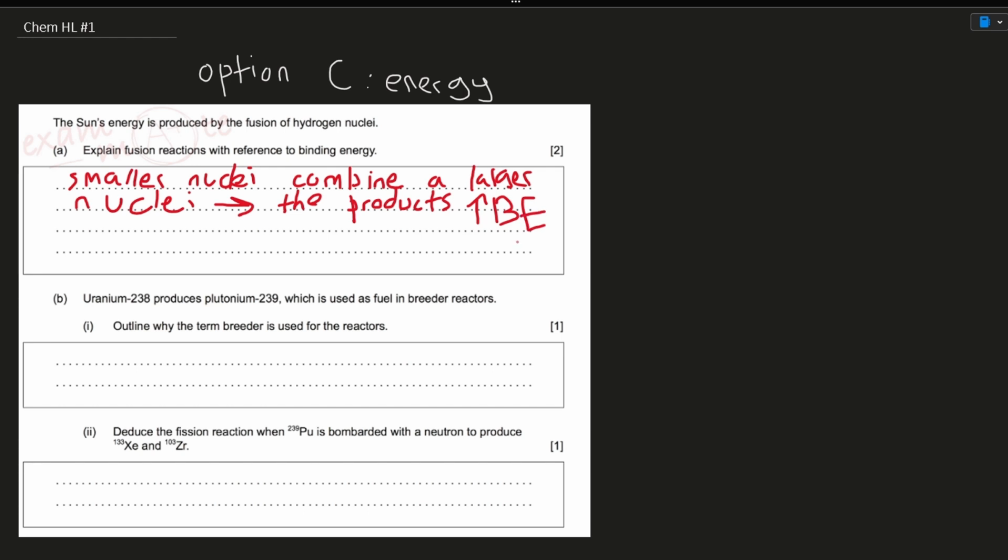I'm just going to write BE, because obviously it would take more energy to split apart a particle if it's larger. And just a quick note, you can pause the video at any time and attempt these questions yourself.